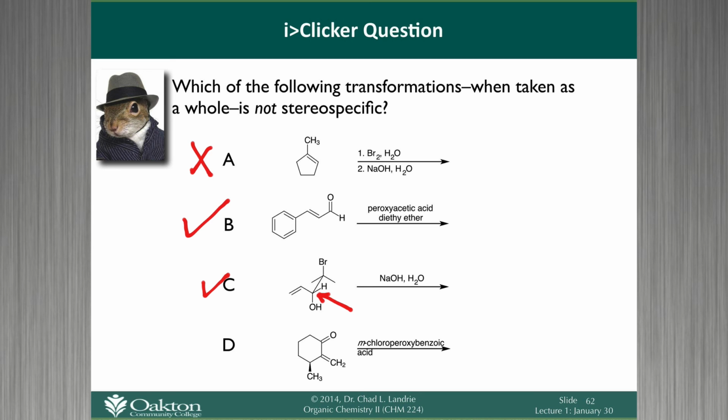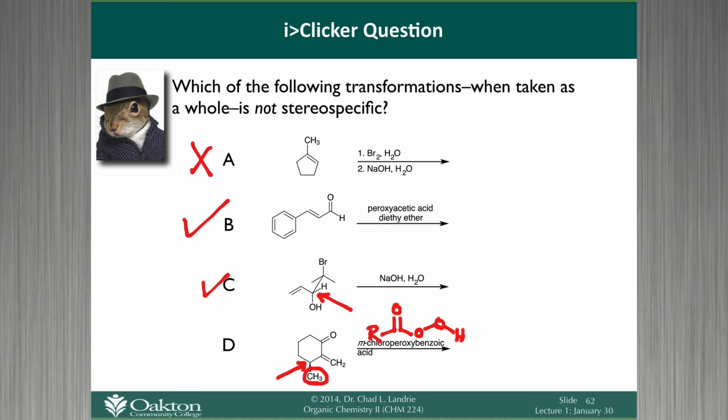What about D? Well, I don't have cis or trans alkenes, but again, I have a chirality center here. And this methyl group is going to influence which direction the peroxy acid is going to approach from. So remember, this is my peroxy acid.